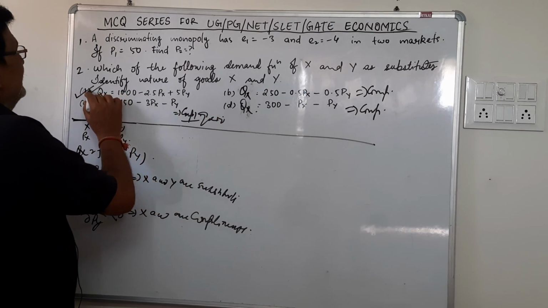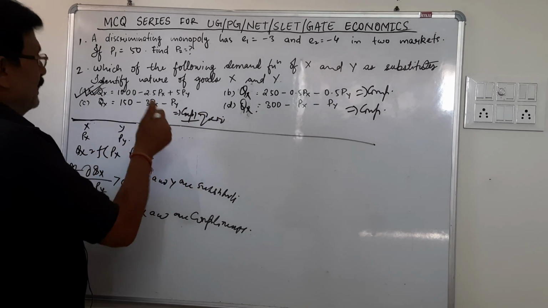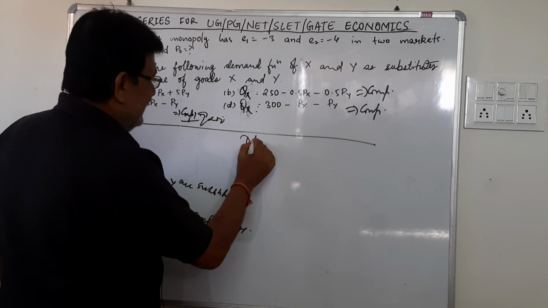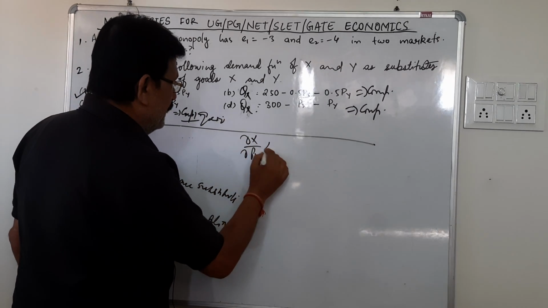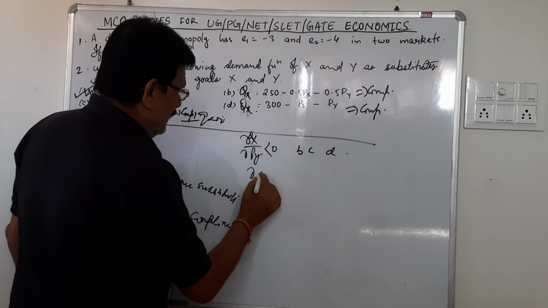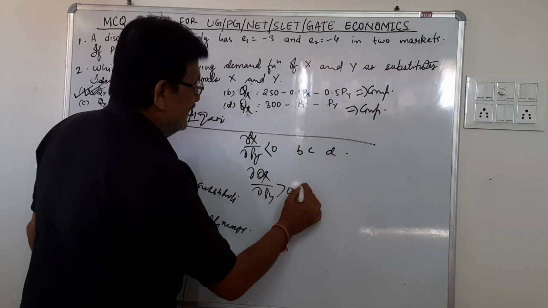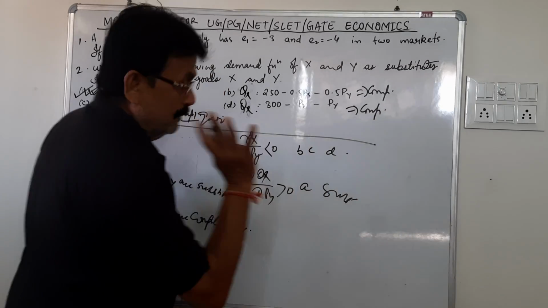So A stands for substitute goods, and in B, C and D delta Qx by delta Py is negative, while in A it is positive, and this is for substitute goods.